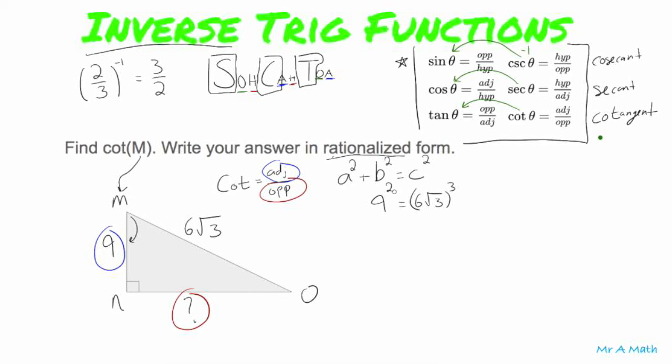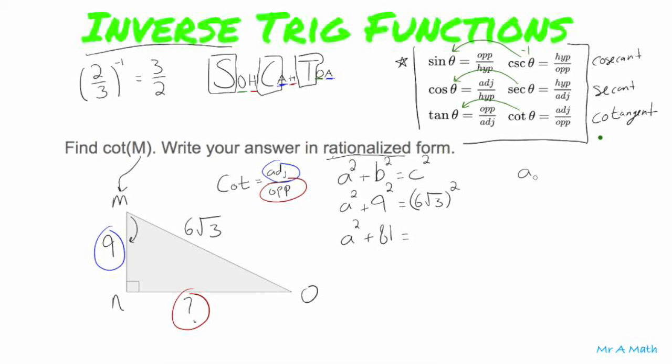It's going to be 9 squared plus a squared, and I need to solve for what a is in order to find the missing side length. And so now this is a squared plus 81 is equal to, it should be equal to 6 times the square root of 3, squared.